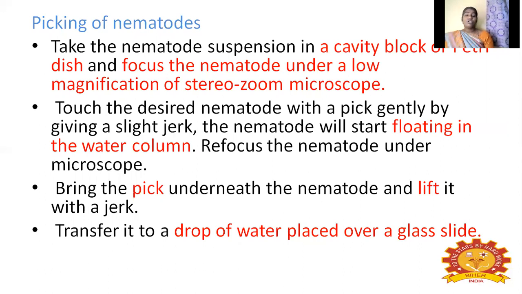We give a gentle jerk to the nematode, so it will just float on the water column. We can easily take the nematode and place it on a water drop, or place a water drop over the nematode, and over that we can place a glass slide. This way we can mount the nematode.